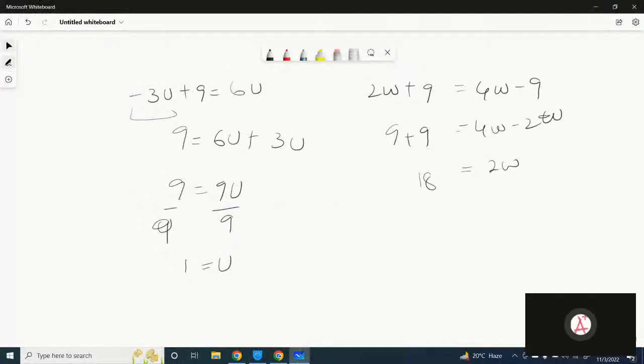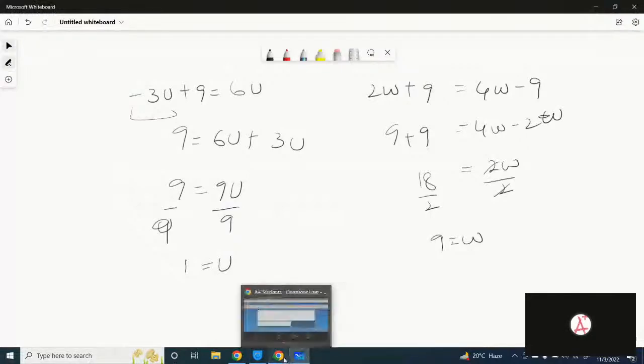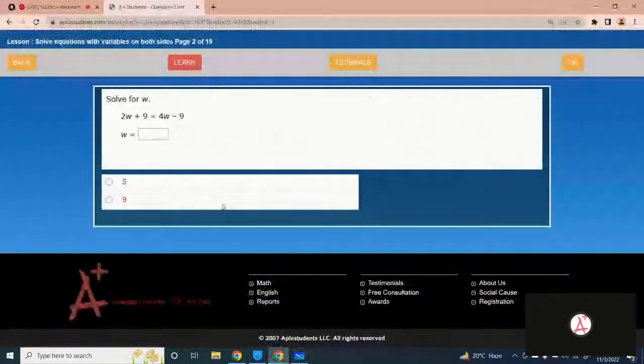You have to find the value of w only, so just divide both sides by 2. 2 times 9 is 18. So the value of w is 9. Got it? So select the correct option, click on the OK button.